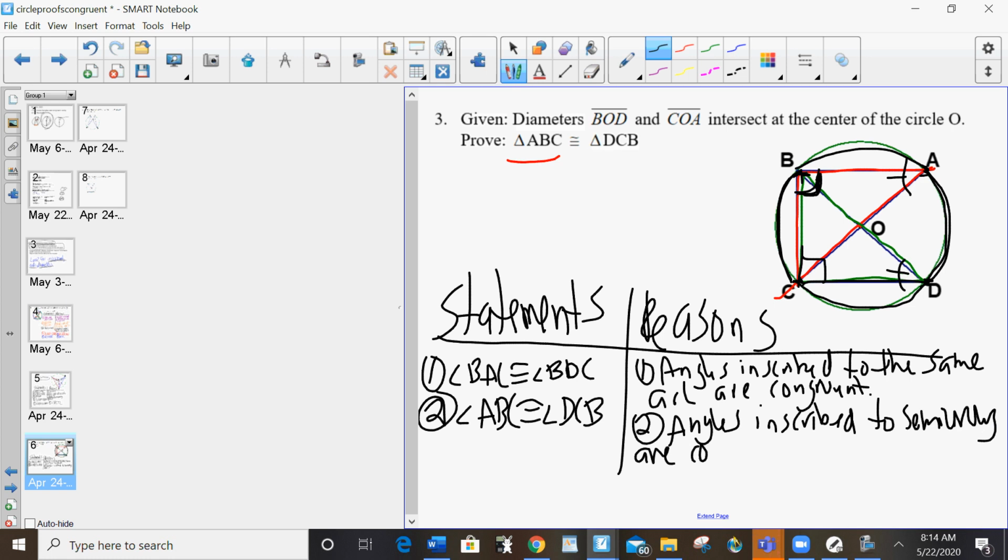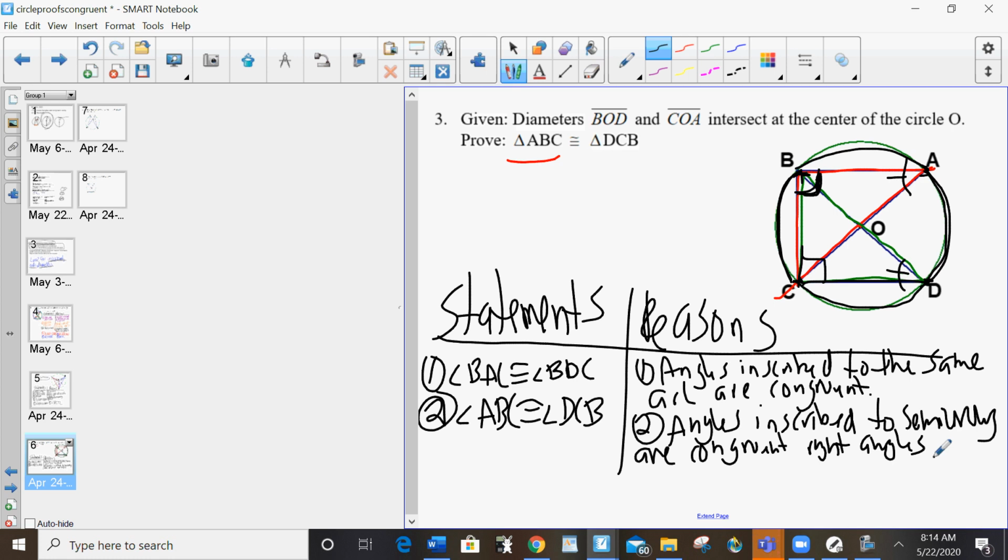I know it's a little messy, but it's a little tough to fit all this in, are congruent right angles. Again, since I'm stating they're congruent, I have to have my reason: congruent right angles. All right, that's 2 things.